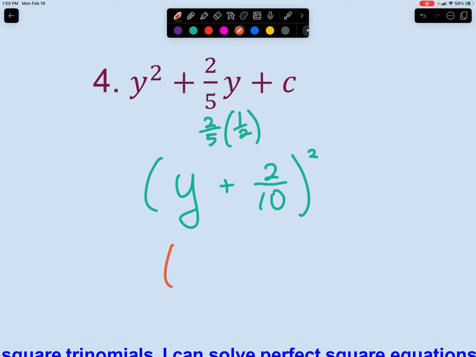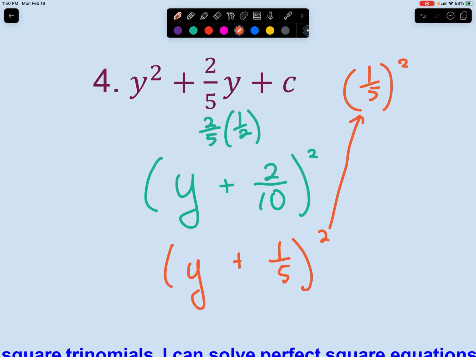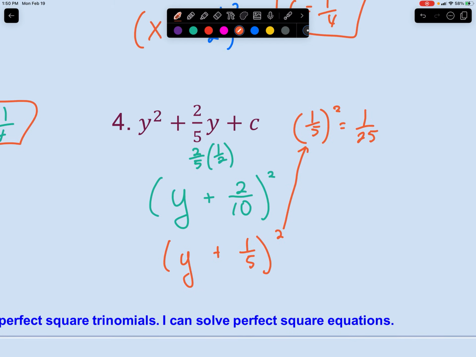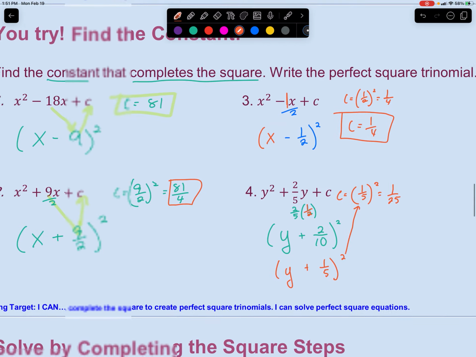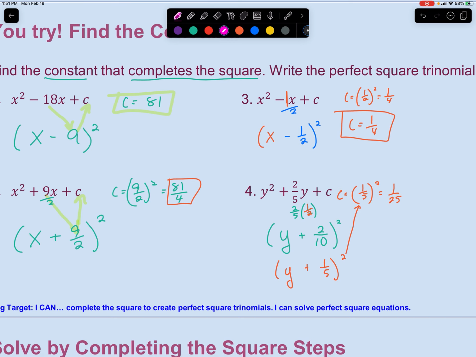Let's go ahead and simplify it. y plus 1/5, and then square the 1/5 to give us 1/25. So the new constant for number 4 is 1/25. A little bit more involved with that one. But as long as we remember that multiplying by 1/2 is the same as dividing by 2, it's no problem at all.